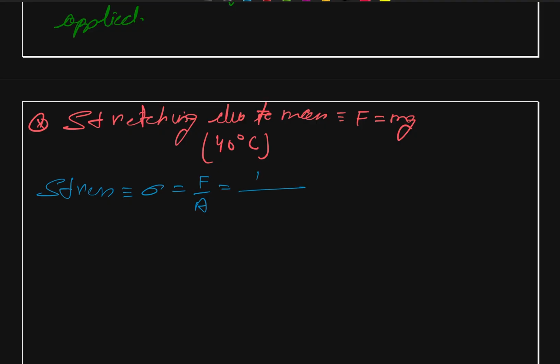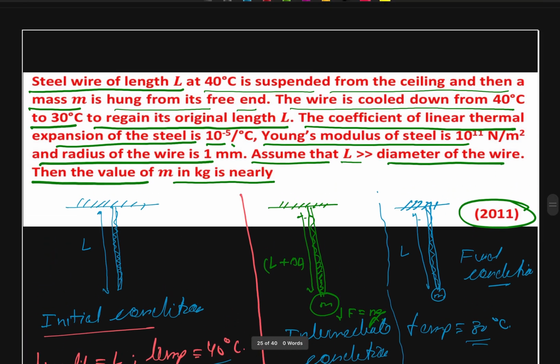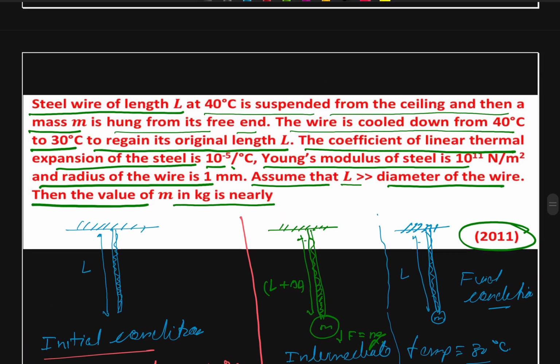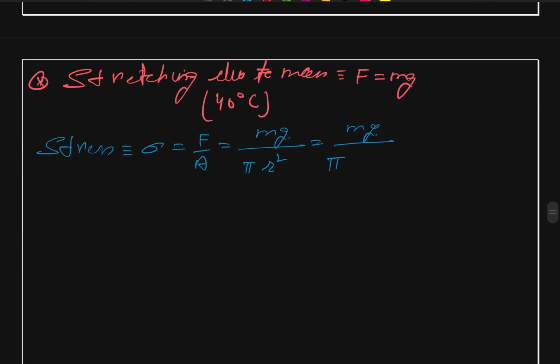Force is our mg, and area will be pi r square. So this becomes mg over pi, and the radius is given as 1 millimeter, which is 10 raised to power minus 3, so r square is 10 raised to power minus 6.